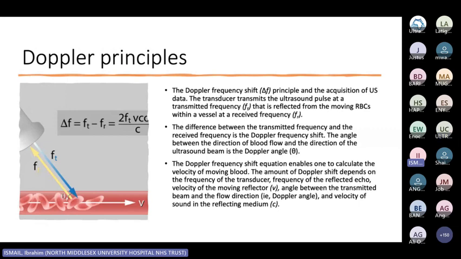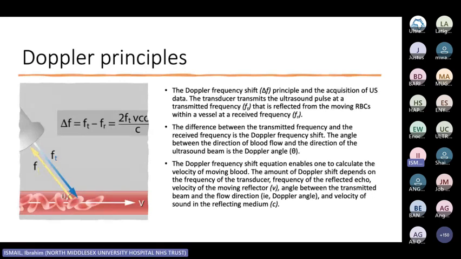The angle between the direction of blood flow and the direction of the ultrasound beam is the Doppler angle, which is accounted for within the equation itself. So the Doppler frequency shift equation enables one to calculate the velocity of moving blood. The amount of shift depends on the frequency of the transducer, which in our case has to be a low frequency transducer.